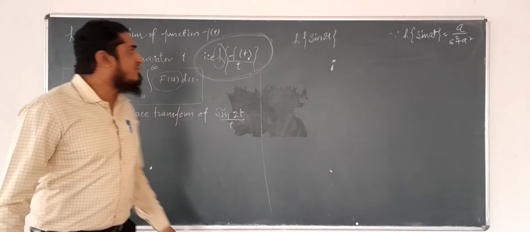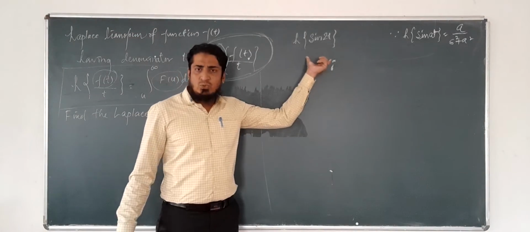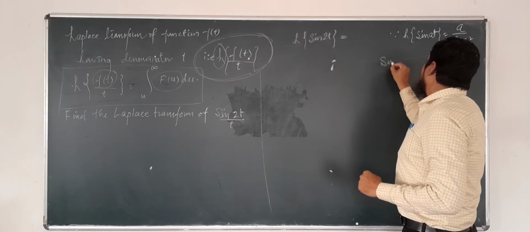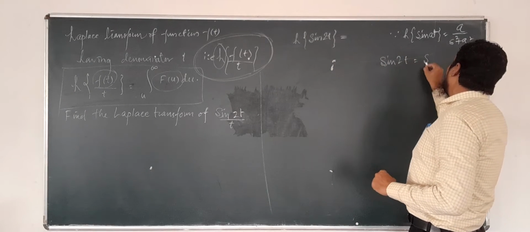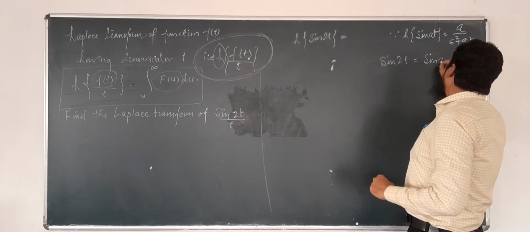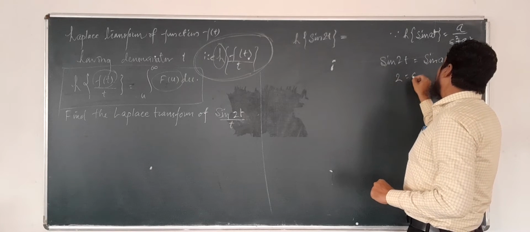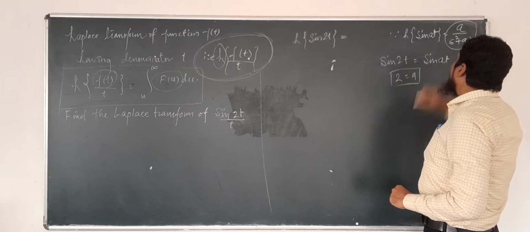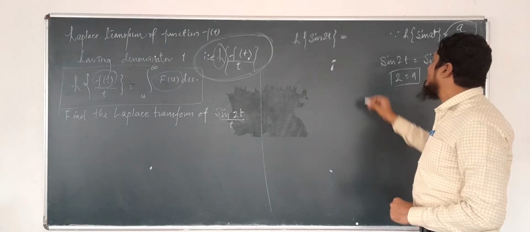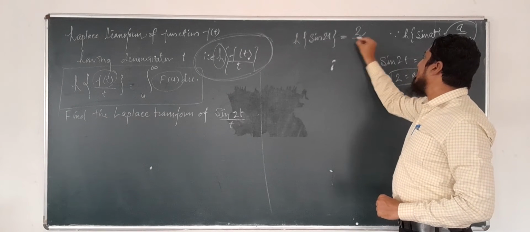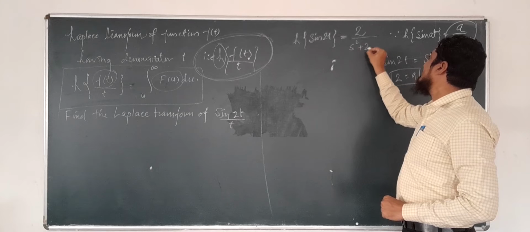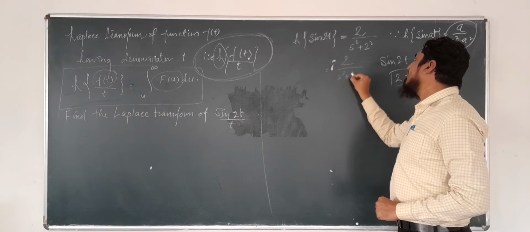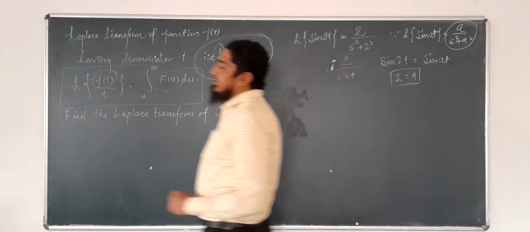Now we are going to find the Laplace transform of sine 2t. If we equate this with sine at, we get a equal to 2, and the formula gives 2 upon s square plus 2 square, which is equal to 2 upon s square plus 4. Correct?